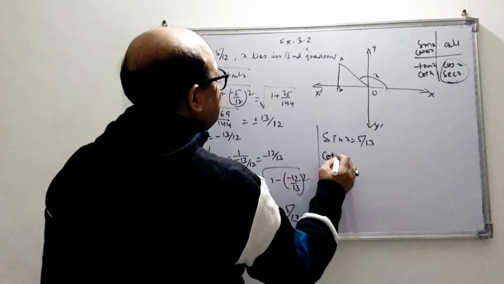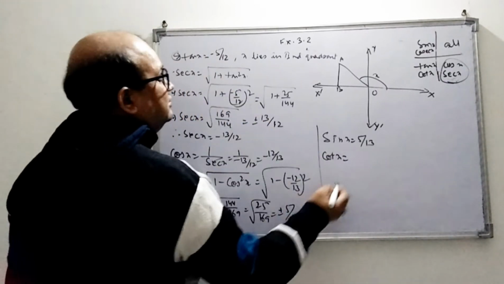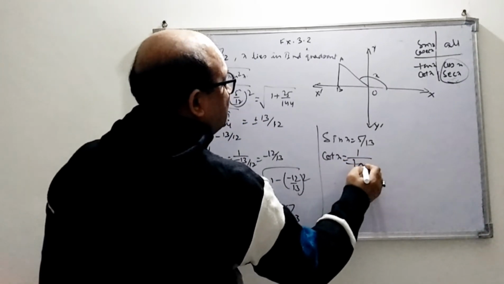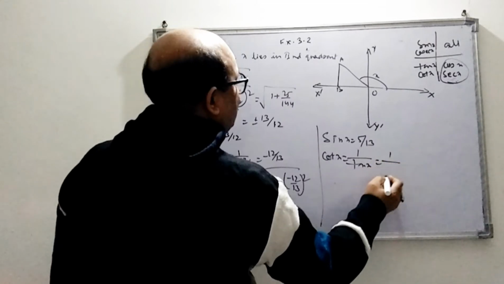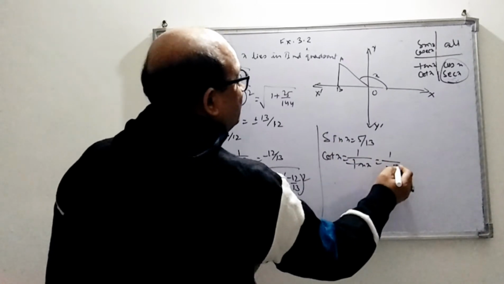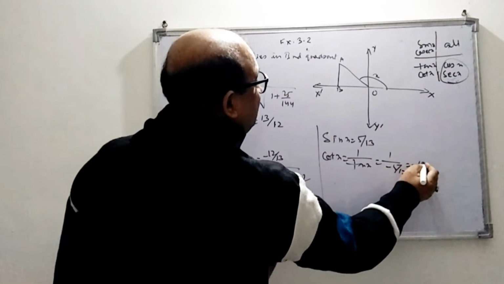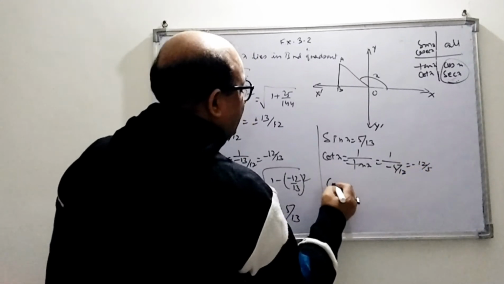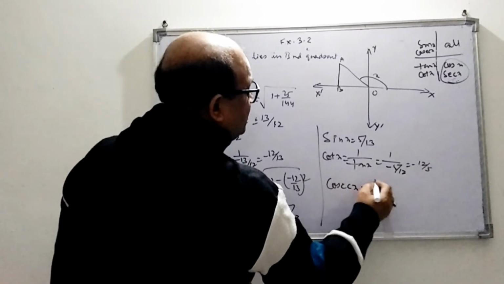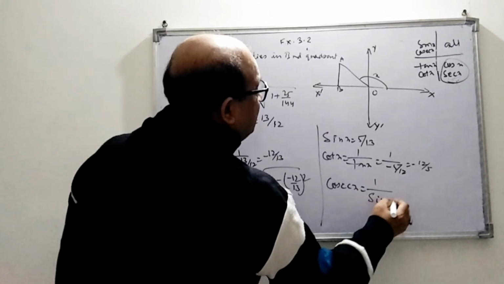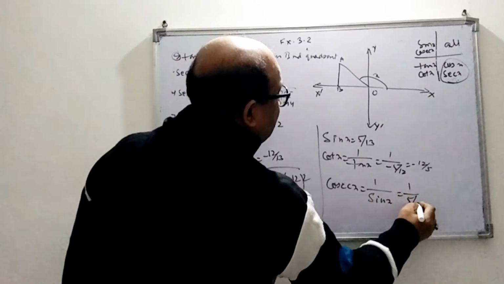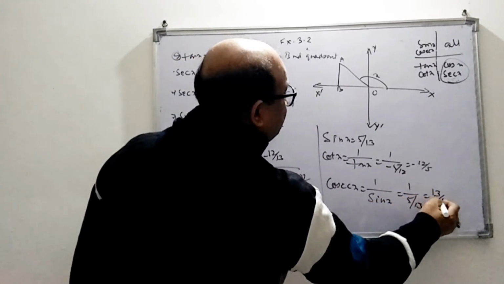Now cot x is the reciprocal of tan x, 1 upon tan x. That gives you 1 upon minus 5 upon 12, that is minus 12 by 5. Cosec x is again the reciprocal of sin x. That is 1 upon 5 upon 13, that is 13 upon 5.